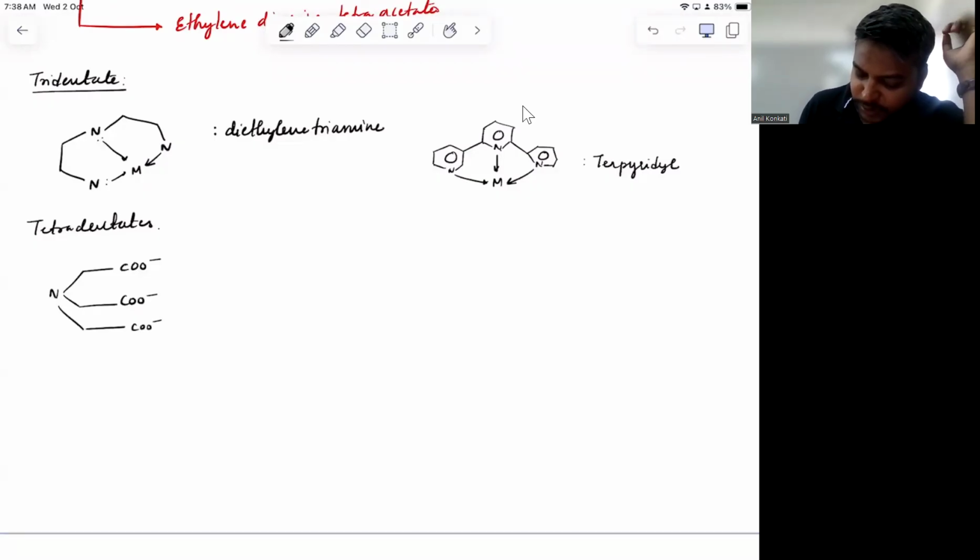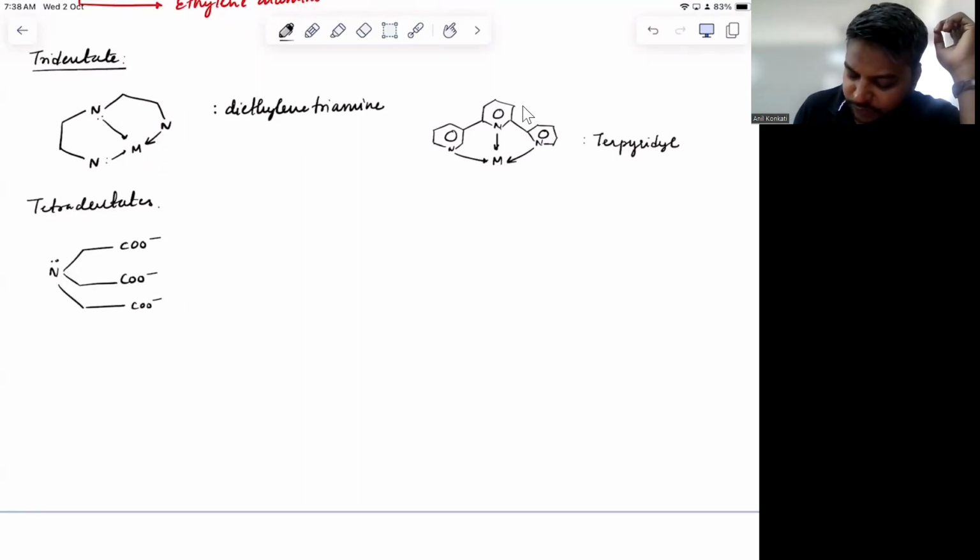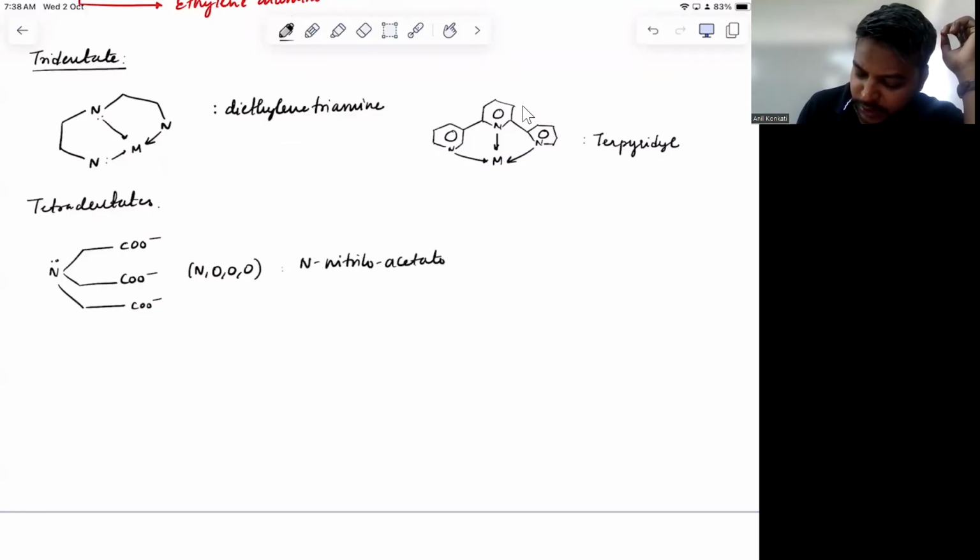And nitrogen is also an element which you can give. So four connections you can notice: one from nitrogen, oxygen, oxygen, and oxygen. This is called N-nitrilo acetato, or we simply write it as NTA 3 minus.